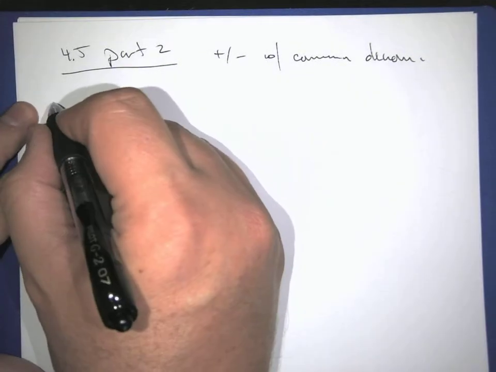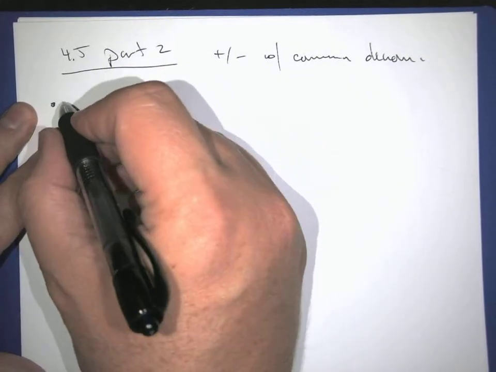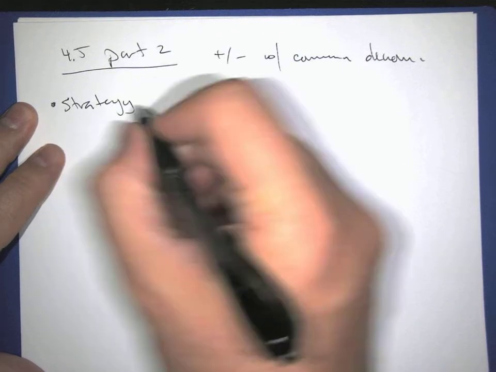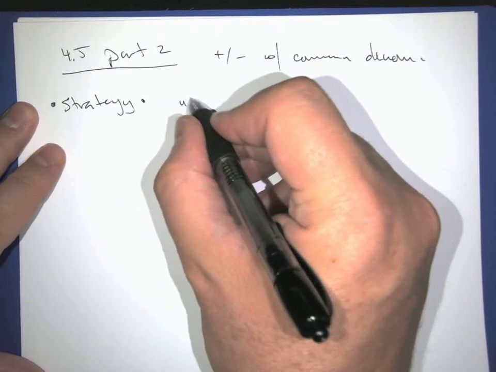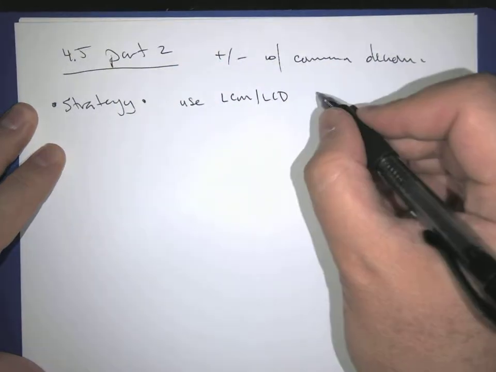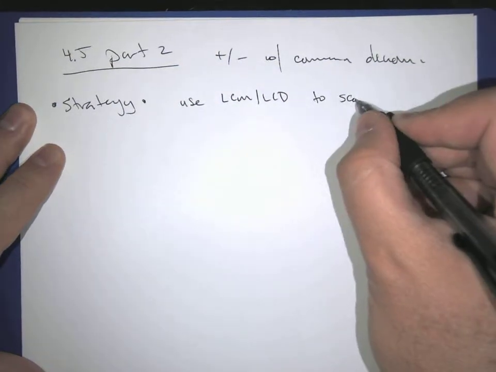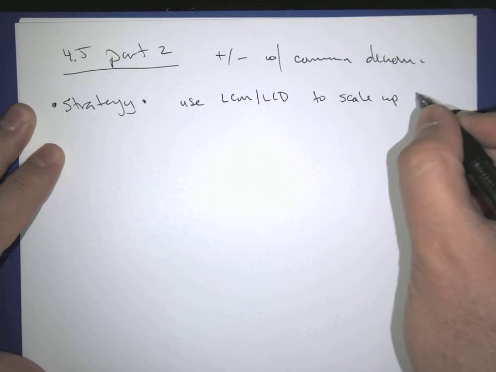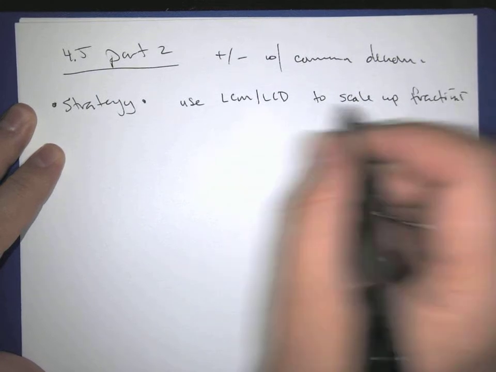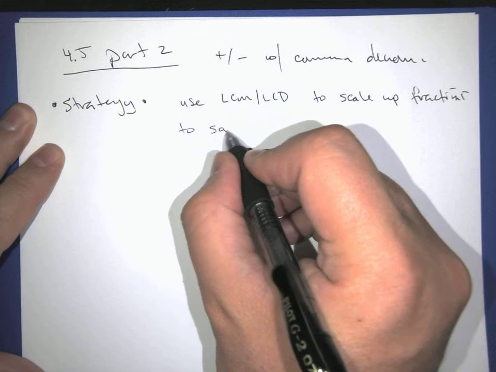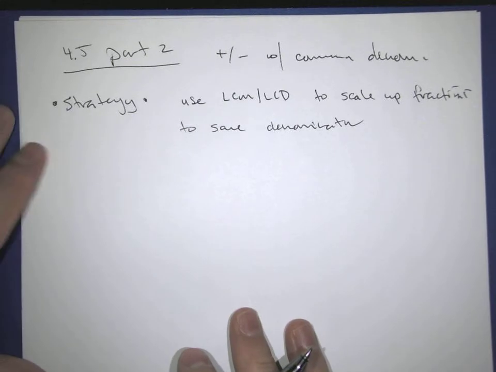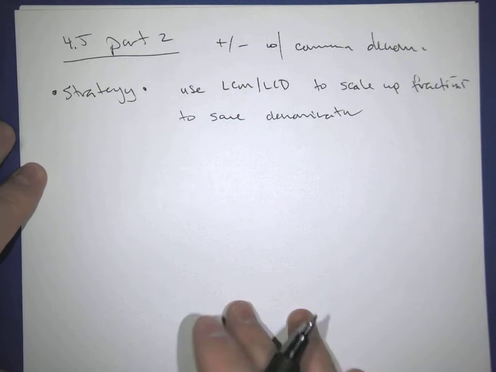So our strategy here is to use the LCD to scale up our fractions to the same denominator. Probably the easiest way to do this is via an example.